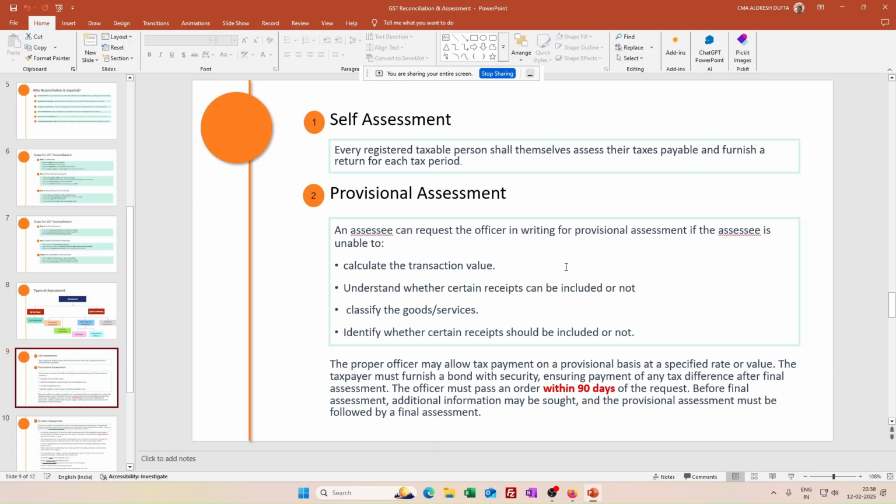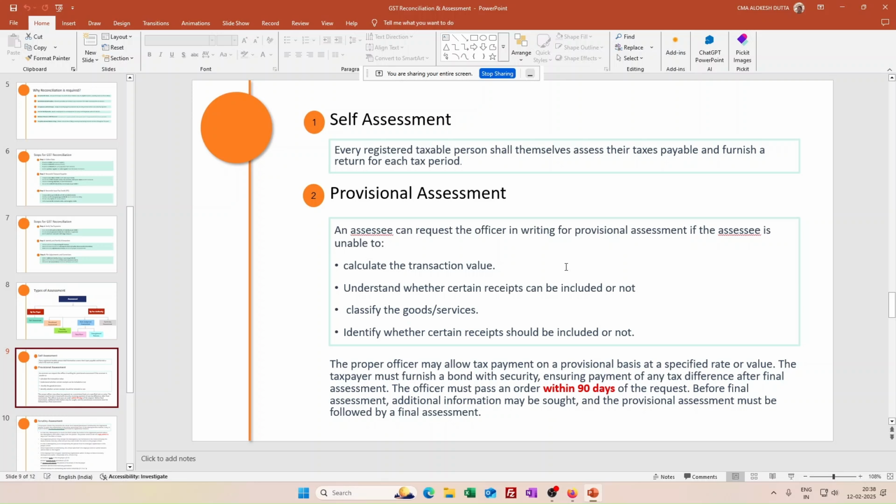Another one is time of supply. So in these cases, and in the taxable value, the additional value addition by the assessee.